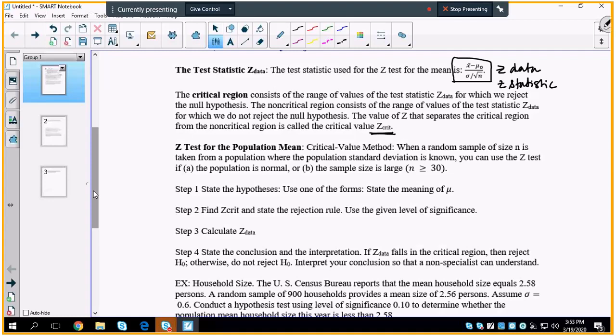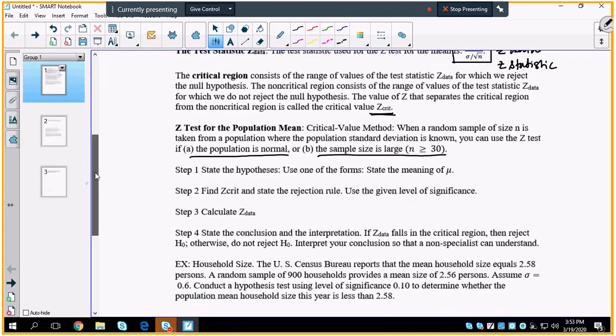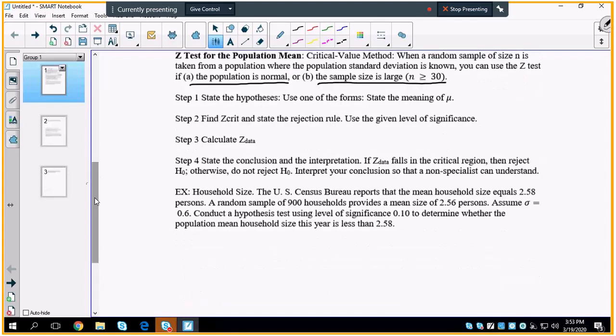The Z test for population mean is going to be a critical value method that we're going to adopt in our class. And we will do it if we know that the population is normally distributed or the sample size is greater than or equal to 30. First step, state the hypothesis including null and alternative hypothesis.